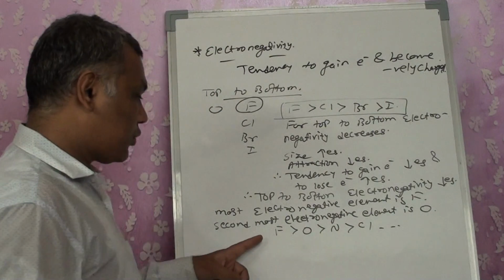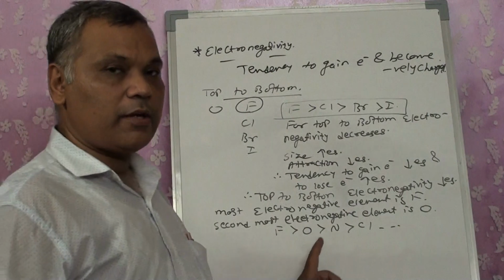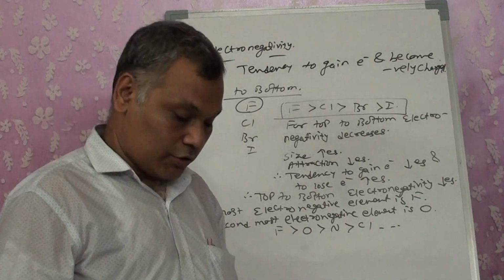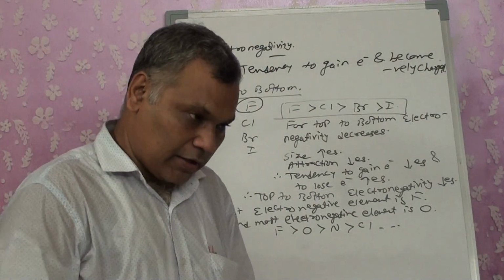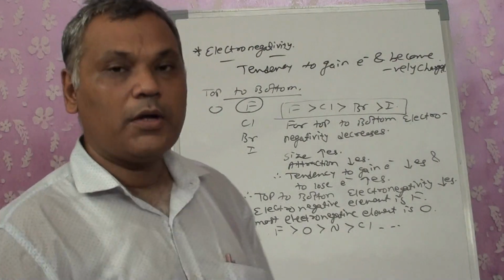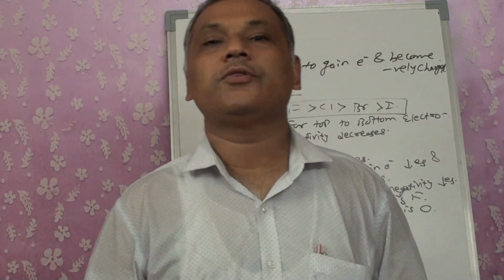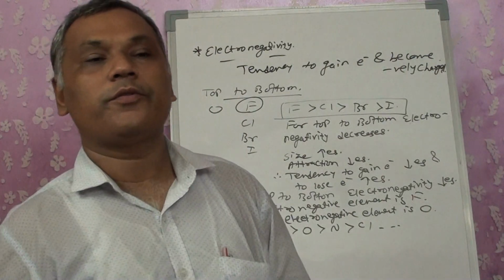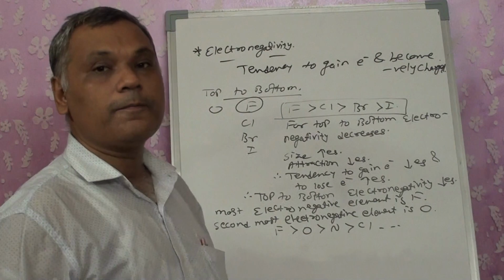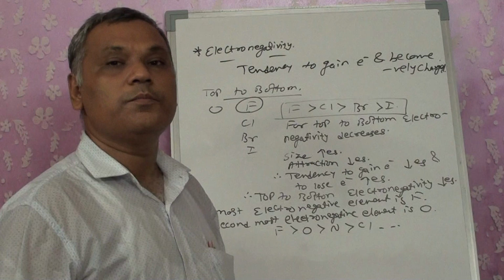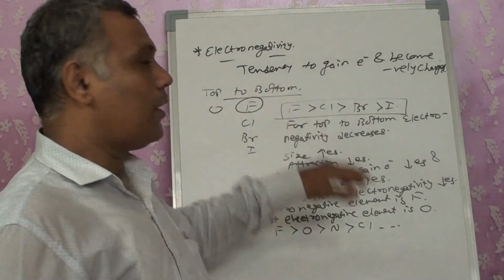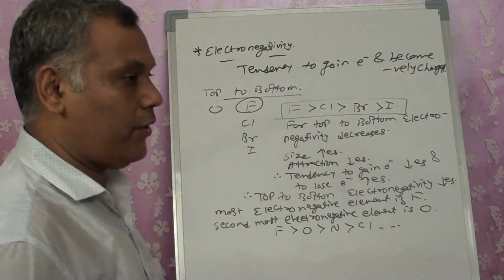So the most electronegative is fluorine, the second most is oxygen, and the third is nitrogen. While writing electronegativity, I want to check the size also. Because of the smaller size, their electronegativity is more. Okay, so that is for electronegativity.